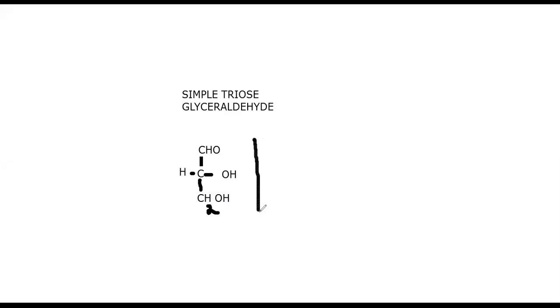If we look at the mirror image, it will have the structure like this: C, with the CHO aldehyde group, an OH group, an H group, and a CH2OH group. Linking these, here OH is present on the right side, and here OH is present on the left side.